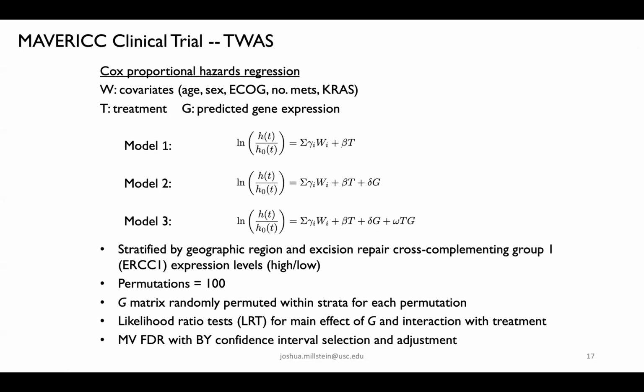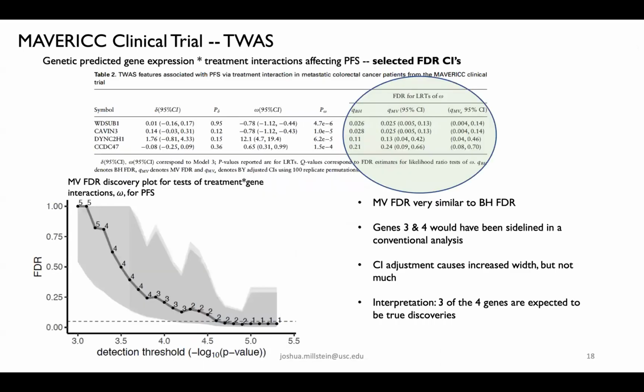A series of candidate thresholds were chosen as in the simulations, and FDR, the confidence intervals and adjusted confidence intervals were computed for each one.